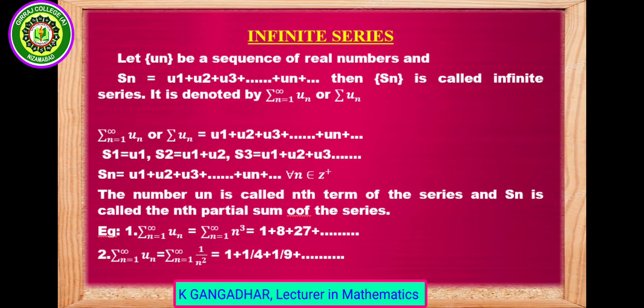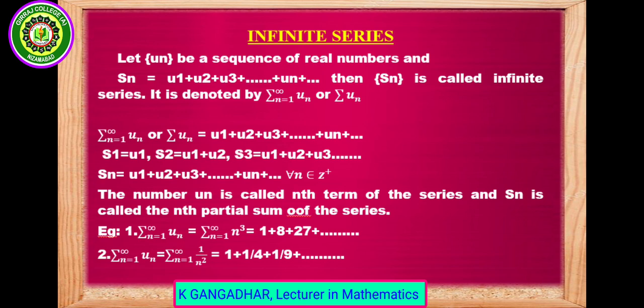So this series contains infinite terms. Sigma Un means U1 plus U2 plus U3 plus so on plus Un plus so on. Here S1 equal to U1, S2 equal to U1 plus U2, S3 equal to U1 plus U2 plus U3, and so on.